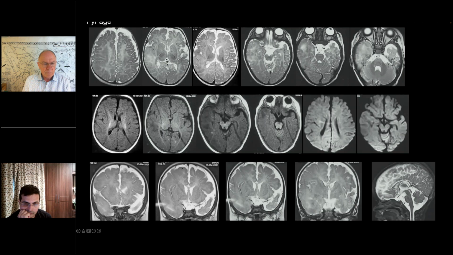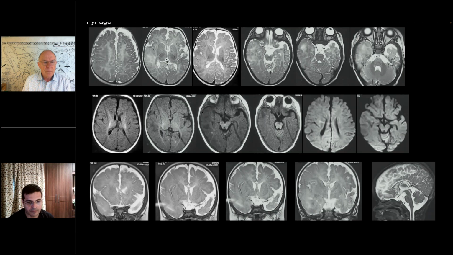Again, you can appreciate that there is an asymmetry of the cerebral hemispheres on both sides. The frontal and temporal regions are larger than the contralateral normal side. Nothing on the diffusion. Cannot appreciate anything on the T1-weighted sequences other than the malformed temporal and frontal regions.